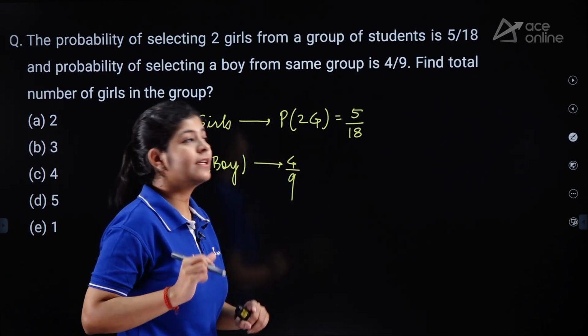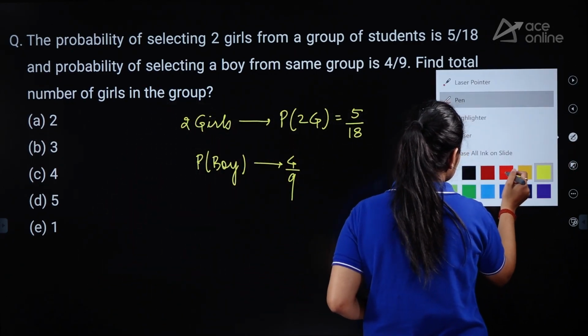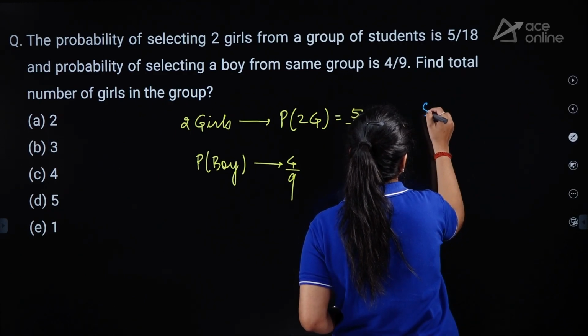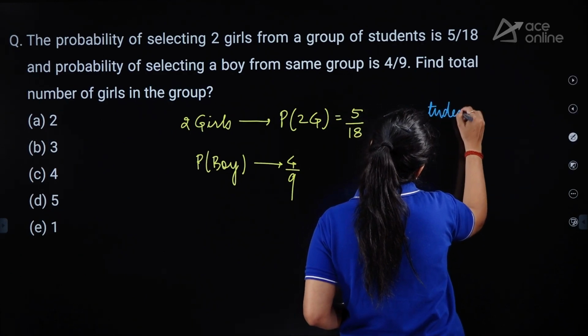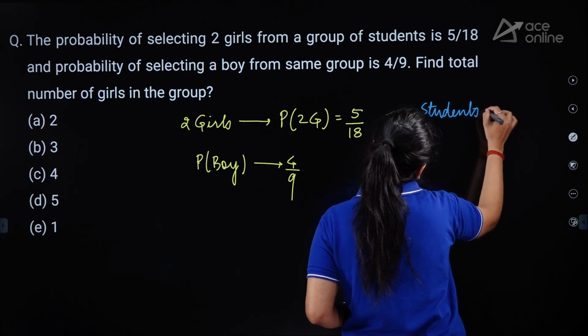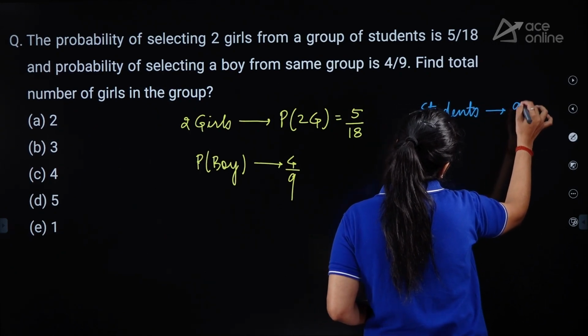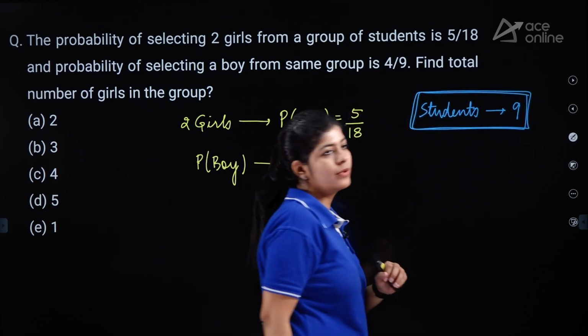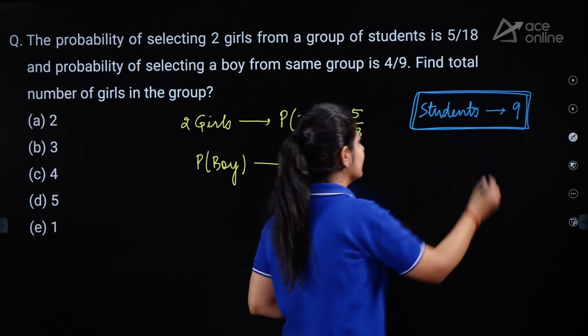So I simply assumed that the total number of students in a class is 9. With the help of this value, I just simply assume that the number of students in our class is 9.